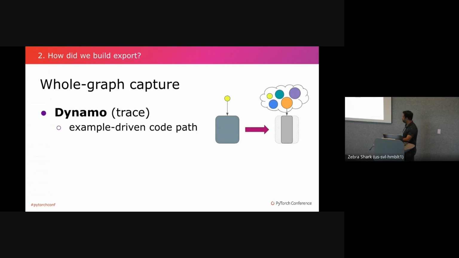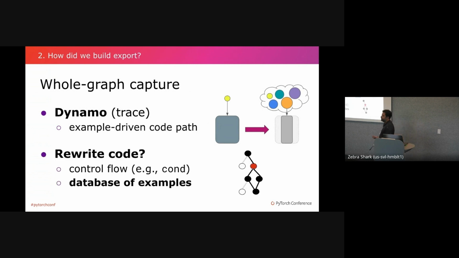That's the easy part, right? The catch is that you might have to rewrite code. And today you have to rewrite this code manually. In the limit, probably you always have to manually rewrite code in order to get a whole graph. We can't promise that we can do this automatically, although maybe in the future we might try to do a few things.